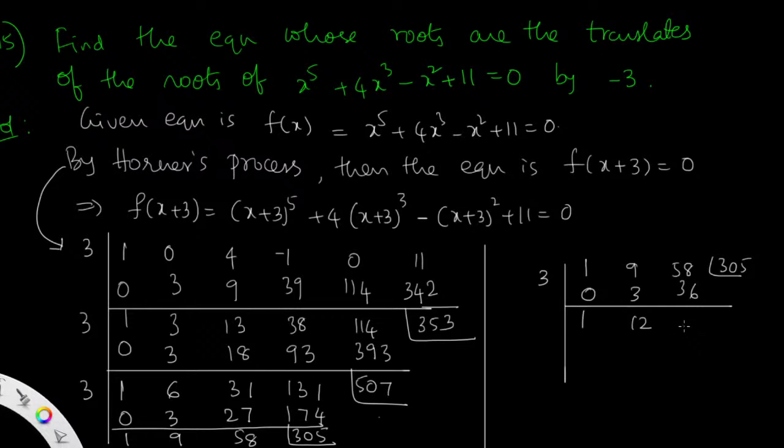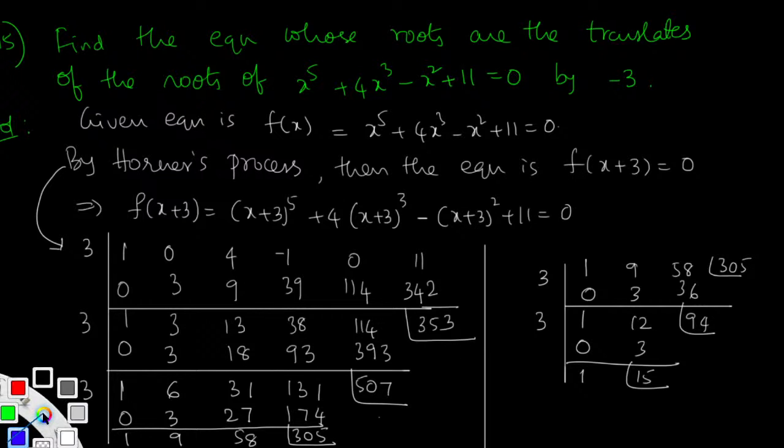It becomes 94, and then again 3 into 1, 3, that is 15. Therefore these are A0, A1, A2, and then A3, A4. A3 is over, this is A4, and then this is A5.